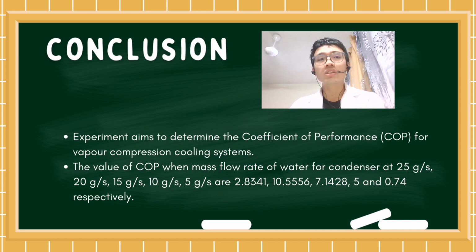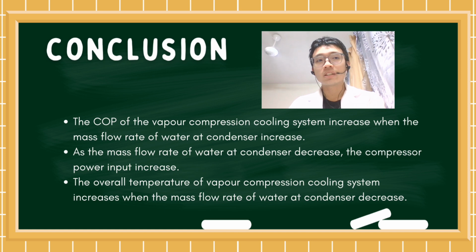The values of COP when the mass flow rate of water for the condenser is 25 grams per second, 20 grams per second, 50 grams per second, 10 grams per second, and 5 grams per second are 2.8341, 10.5556, 7.1428, 5, and 0.74 respectively.